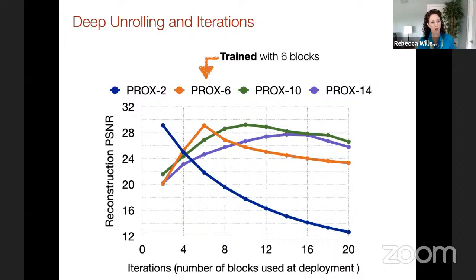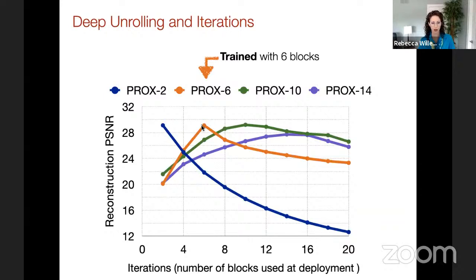So what I'm showing in this plot are curves corresponding to this unrolled method with proximal gradient, where it's trained to do well for 2 blocks, or 6 blocks, or 10 blocks, or 14 blocks. And then what we're doing is at test time or at deployment, we're going to run it for the number of blocks or iterations on the horizontal axis here.